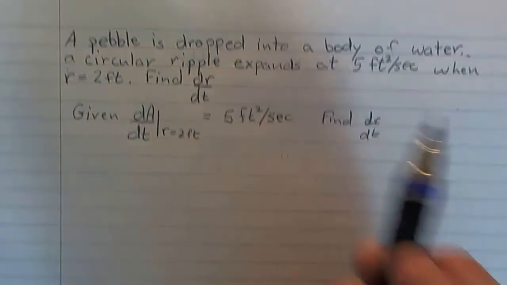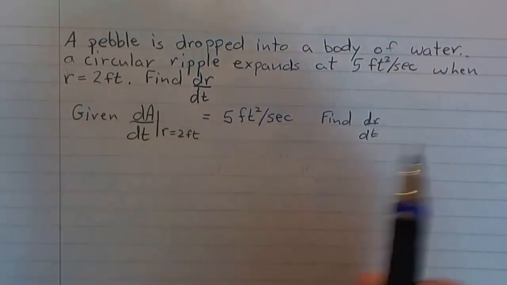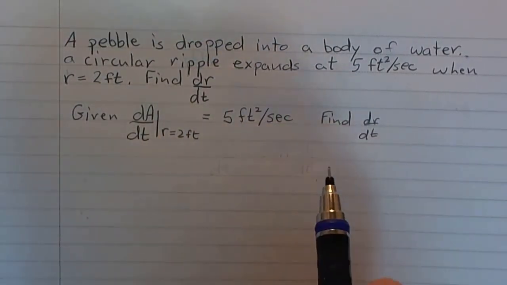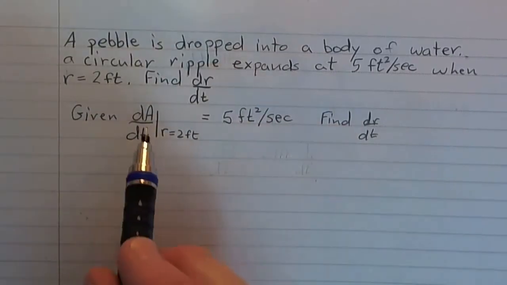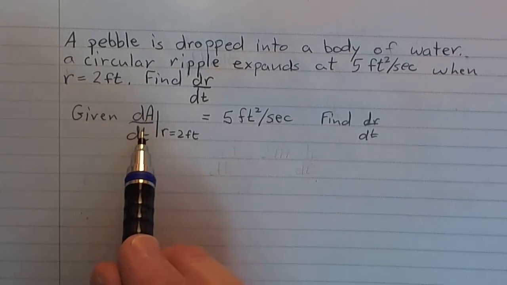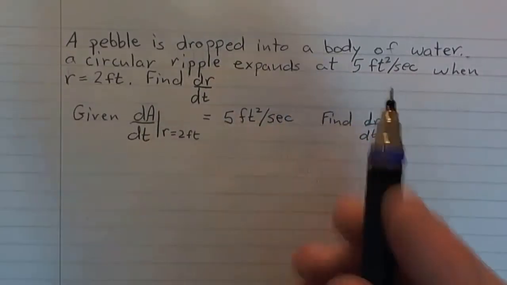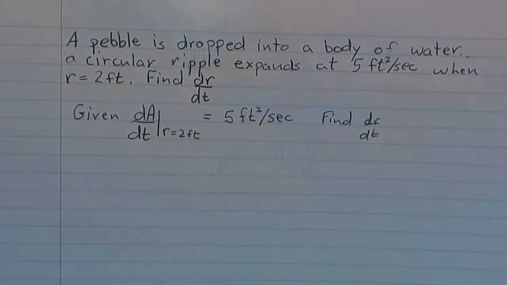So I need a way to relate the area and the radius for a circle. Because ultimately I want to find how the rate of change of the area is related to the rate of change of the radius. But first, I need to know, in a circle, is there any mathematical relationship that contains both the area and the radius?